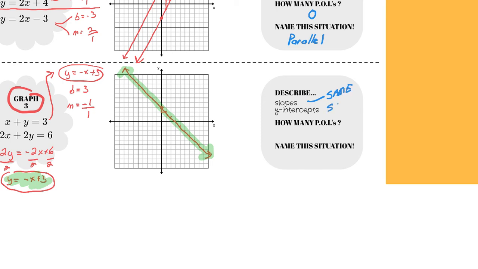The y-intercepts are the same. They meet all the time. So they meet in an infinite number of POIs. Name this situation. Well, we have two lines that are in the same place at the same time. So the name we came up with is coincident lines.